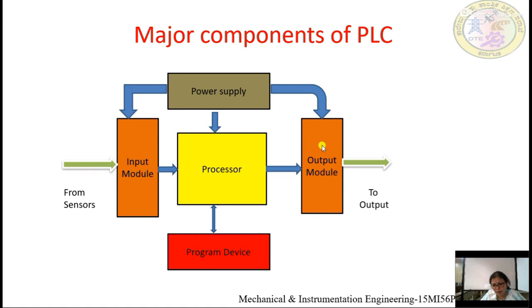The output module may be lights, LEDs, motors, actuators, solenoid switches. It also has a memory in order to store data for future usage, or retrieve the data, or change any status depending upon the inputs and outputs.